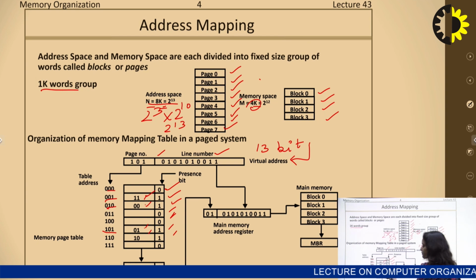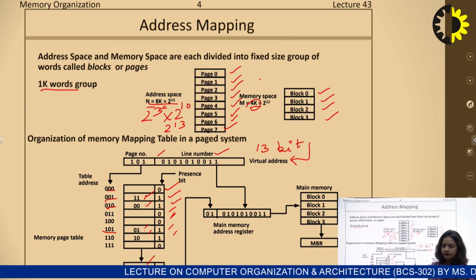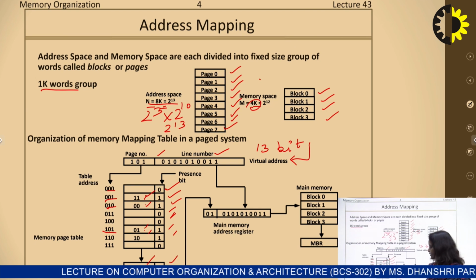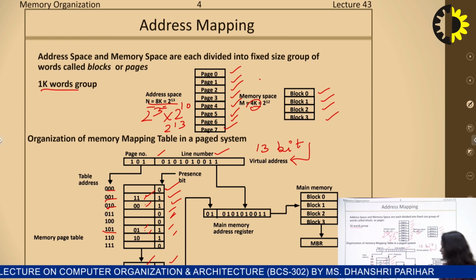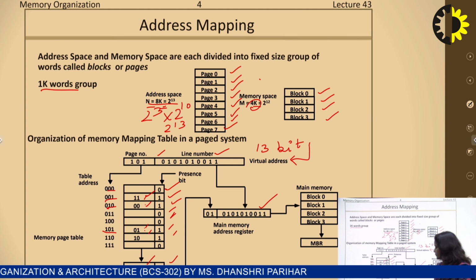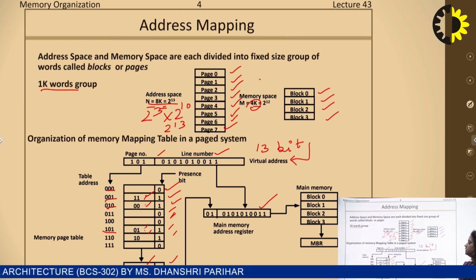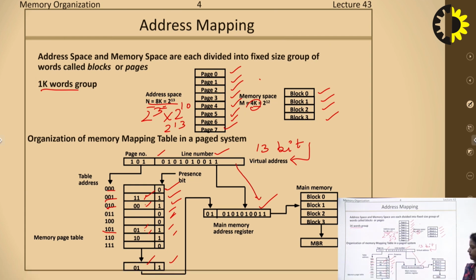Its corresponding block is 01 and it is present in the memory. We will copy that into this physical address, and then its presence bit also. Then it will be stored in the main memory address register, where the value 01 will be stored and the corresponding line number will be copied from the virtual address.